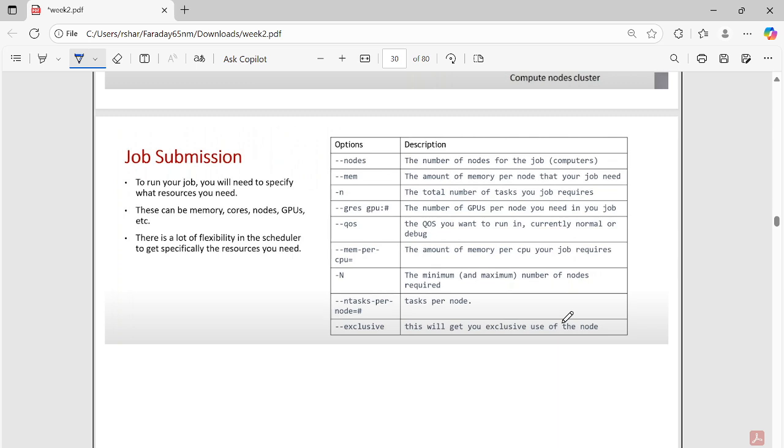So if the cluster had 16 cores, it will take away those 4 cores and give them to the user, and the other cores will be used for other users. We can ask for the number of GPUs that we want in a particular node. We can define the quality of service, which we'll see in the other sessions.